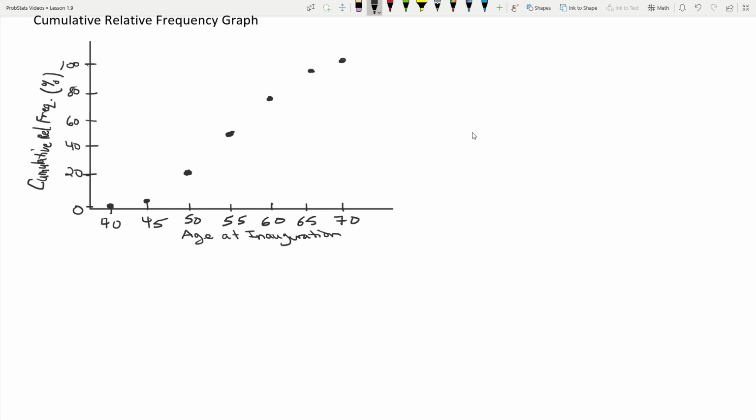All right, and then we simply connect them by line segments. Oops, this should be more of a straight line. All right, and there's our cumulative relative frequency graph.